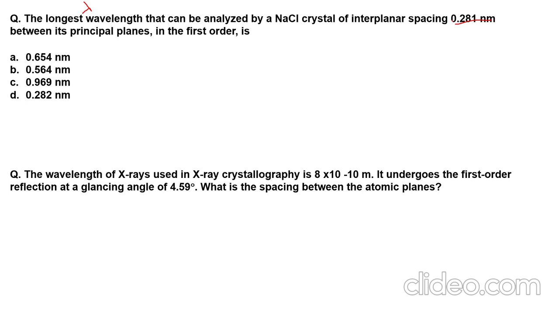So whenever you are doing an X-ray diffraction experiment, you should be aware of what source is being used for the analysis of your sample, and what the wavelength of that source is. That is what this question is based on. So using Bragg's law, you can find the longest wavelength. You can try to answer this.